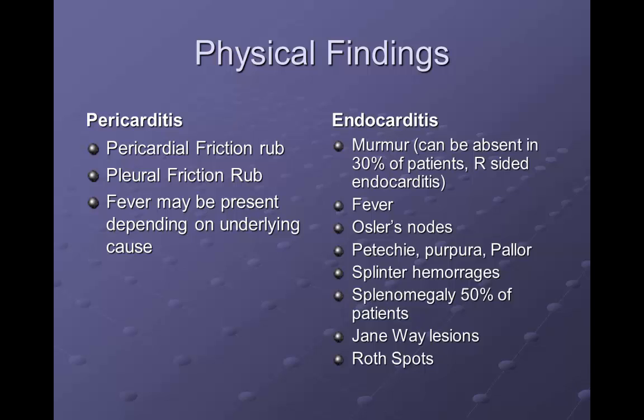Vascular phenomena that you see the presence of an arterial embolism, so a patient that comes with pulmonary emboli, or septic emboli, or mycotic aneurysm, or intracranial hemorrhage, or conjunctival petechiae, or the presence of non-painful indurated lesions in the phalanges, which are called Janeway lesions, or any immunological phenomena such as glomerulonephritis or painful nodules such as Osler nodes or Roth spots, or the presence of positive rheumatoid factor.